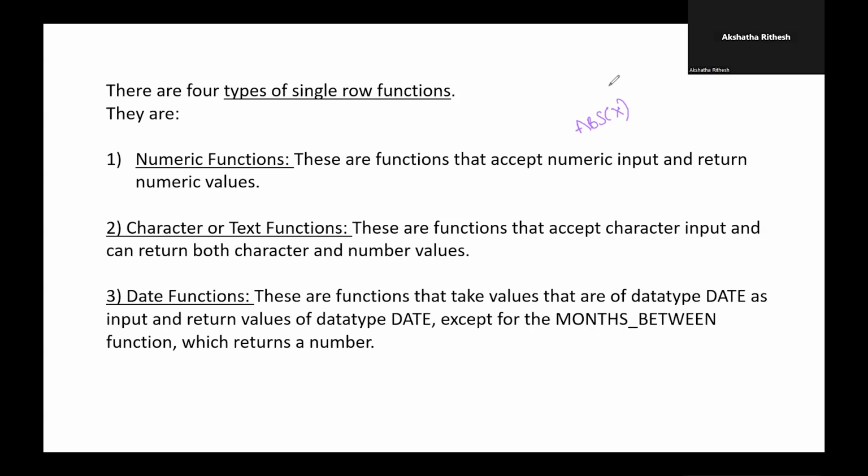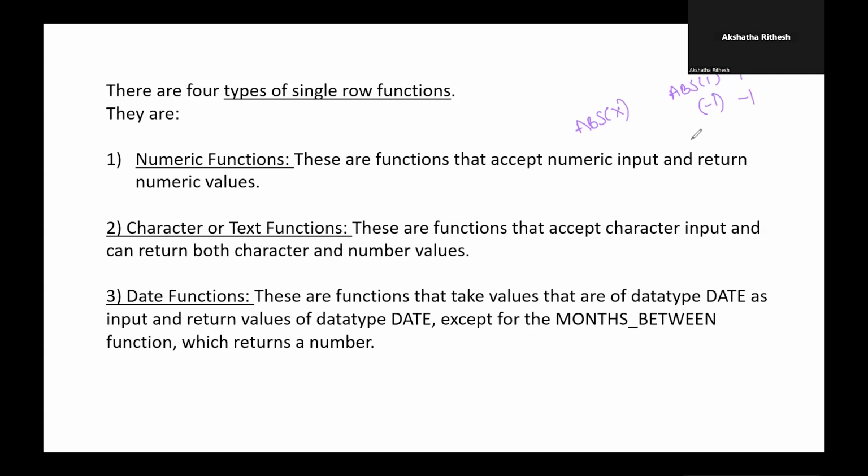For example, if x is 1, the absolute value of 1 will return 1, and if I take -1, it will return 1. So whatever the absolute value of that particular x is, it is called absolute.